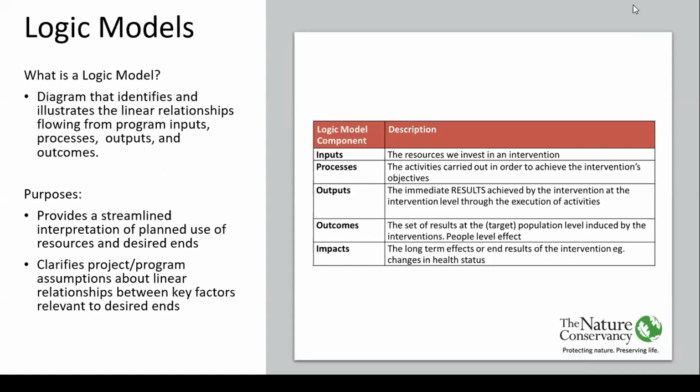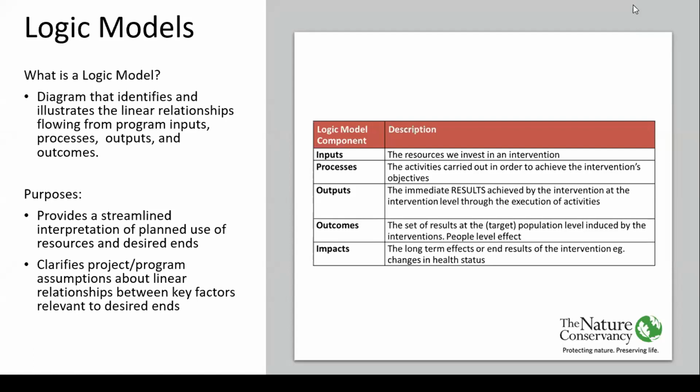A logic model is a diagram that identifies and illustrates the linear relationship flowing from program inputs, processes, outputs, and outcomes. The difference between this and the logical framework is that a logic model gives you a linear relationship.